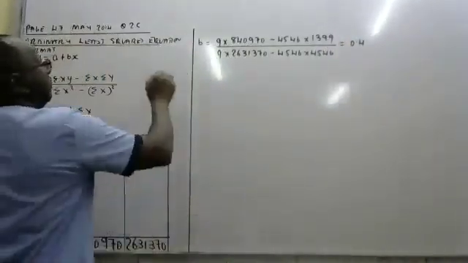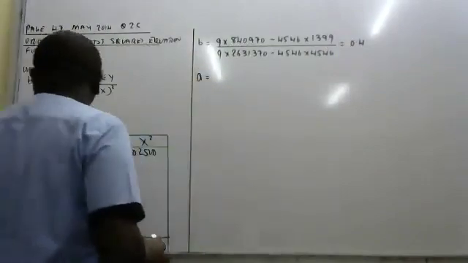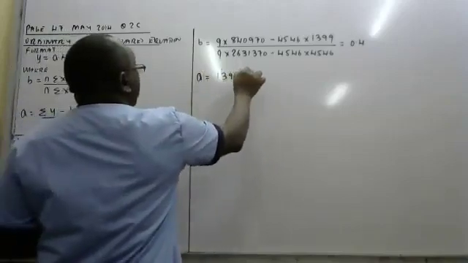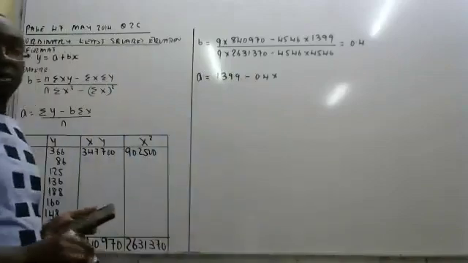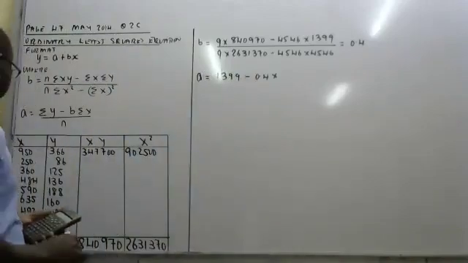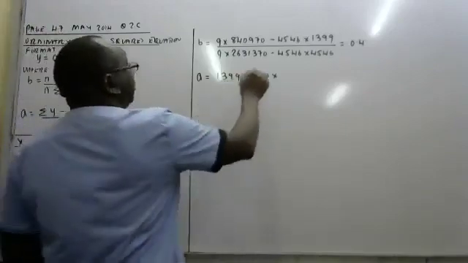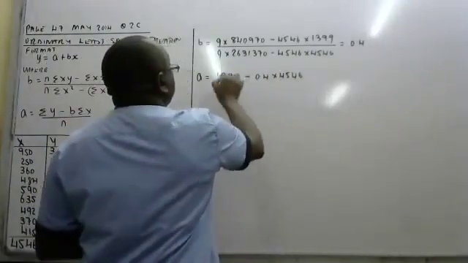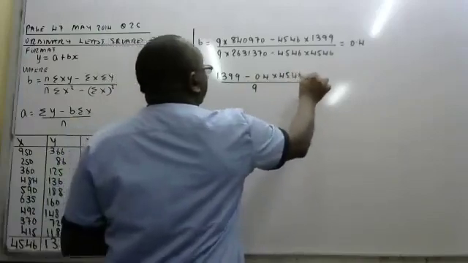When I get 0.4, I come here at a and say the sum of y, which is 1399, minus b, 0.4, multiplied by sum of x, which is 4546, you divide by 9.